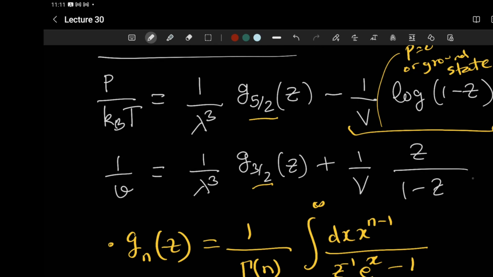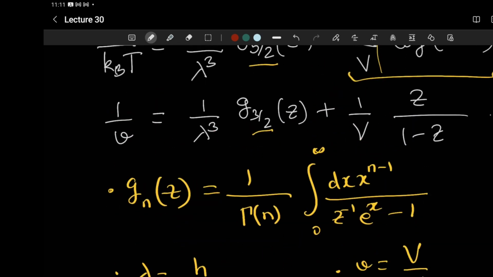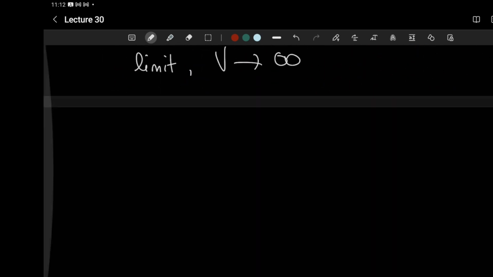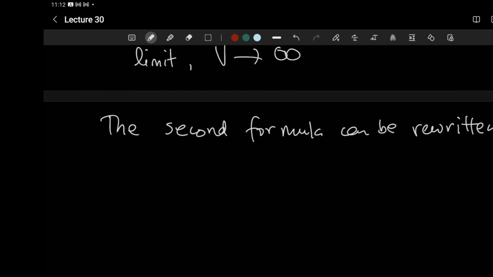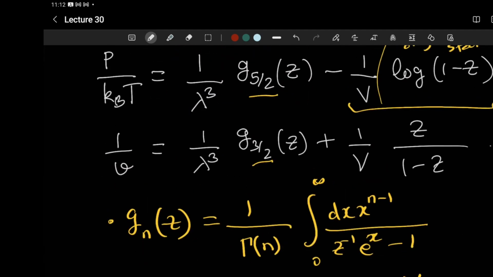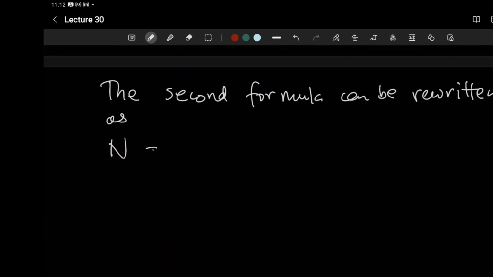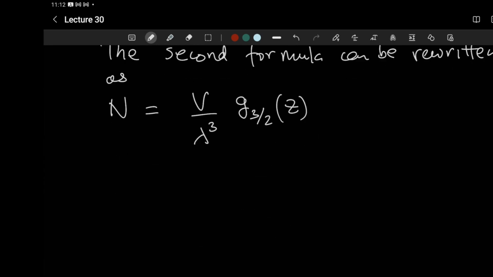Okay. Same thing is true for the second formula, but we can rewrite the second formula in a slightly different way. When we multiply by capital V, that factor of V will go away, plus z into 1 minus z.